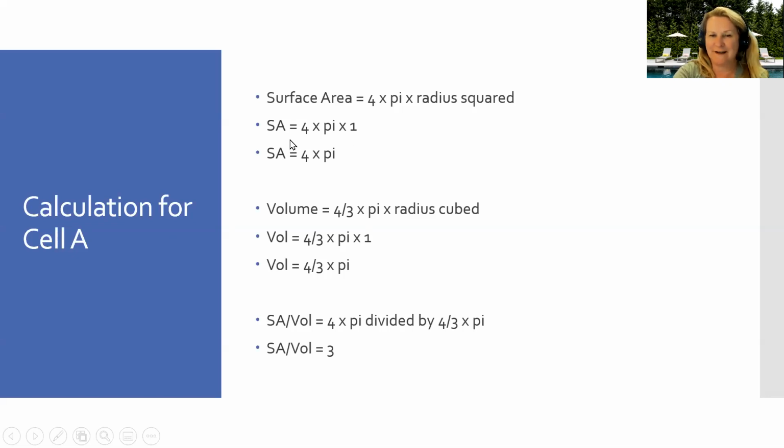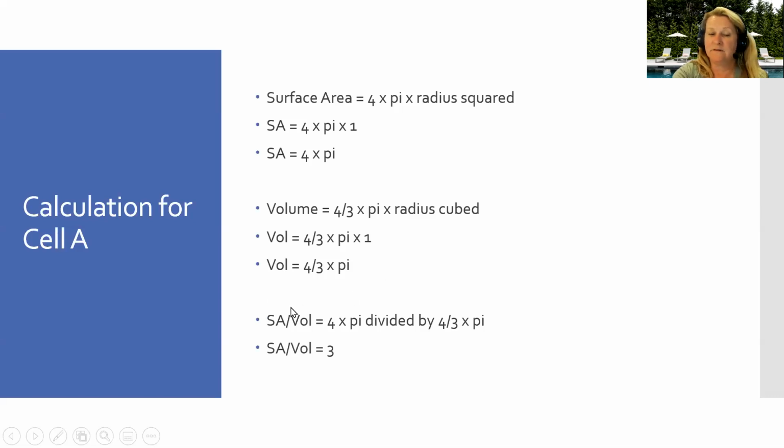So the surface area is 4 times pi times 1 squared, which is just 1. So the surface area is just 4 times pi. Easy peasy. The volume formula is 4/3 times pi times the radius cubed, okay? 1 cubed is still 1. You've got pi, you've got 4/3, so the volume is 4/3 times pi.